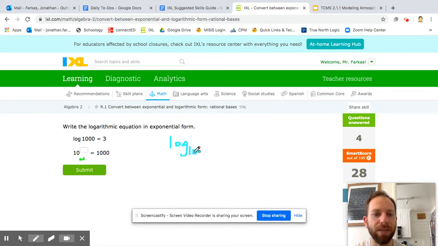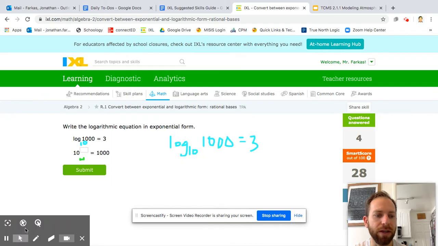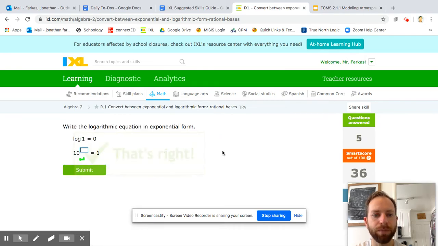So log base 10 of 1000 equals 3, because 10 to the 3rd power equals 1000. So we're just filling that in here. So you have to know what the exponent is, right? So the 10, you don't see it here, but you do see it there.